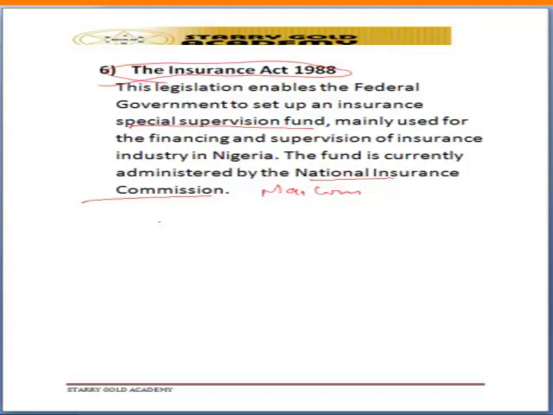Presently, it is handled by the National Insurance Commission. Then, it is usually 1% of insurance companies' gross premium that should be contributed into this.